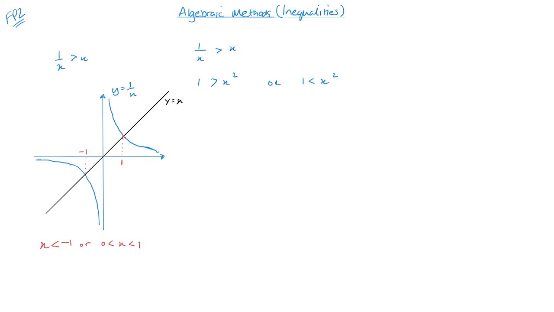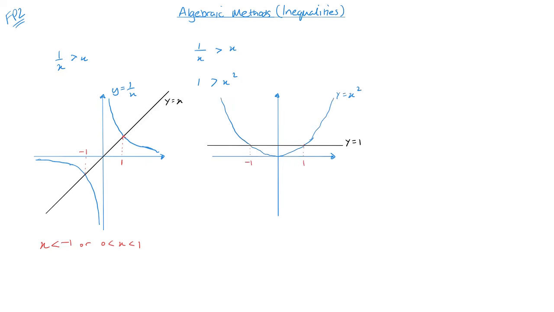Now let's rub this one out for now, and when I look at this graph, let's draw this one, and we end up with this. There's my x squared, there's my 1. 1 is greater than x squared between -1 and 1. So now we've got that x is between -1 and 1, which is clearly not the same as this solution.